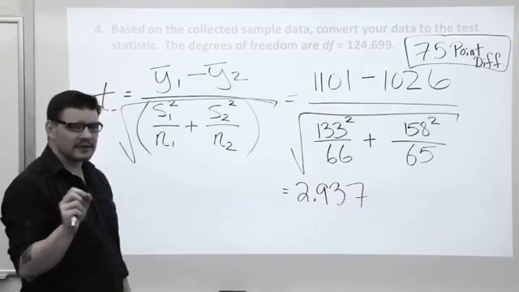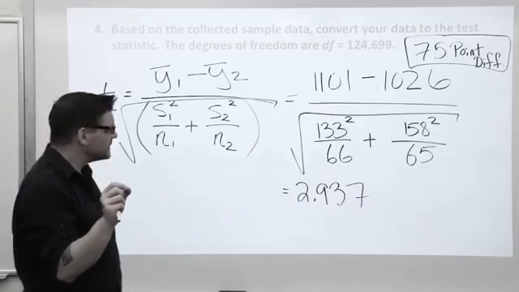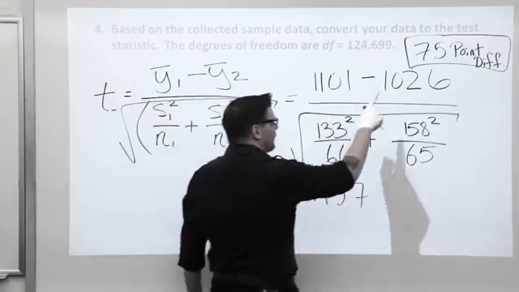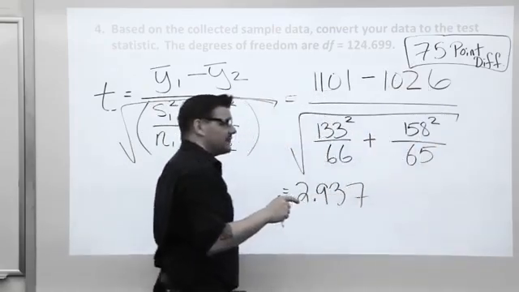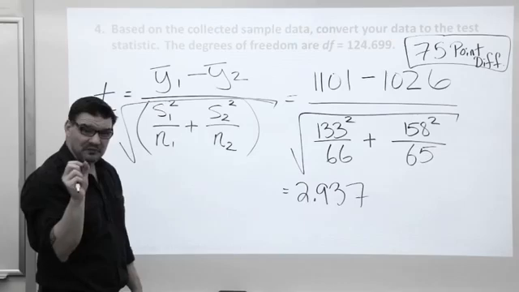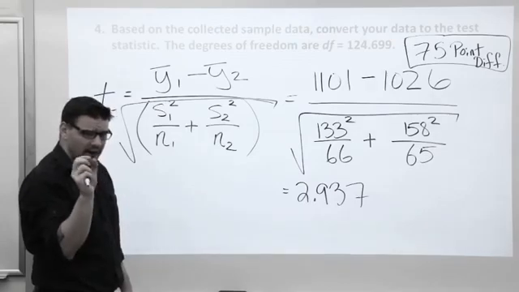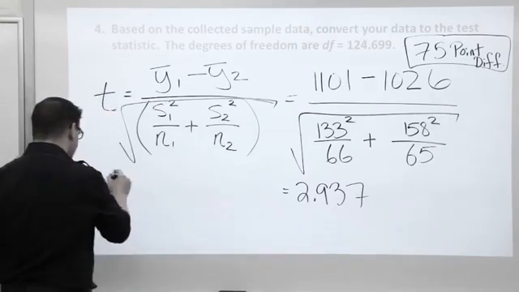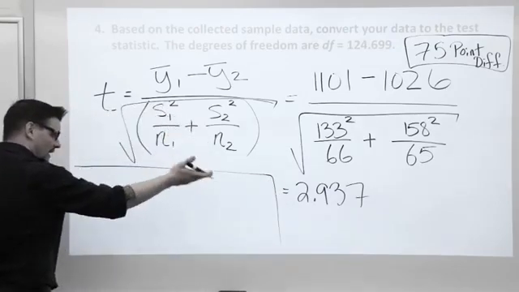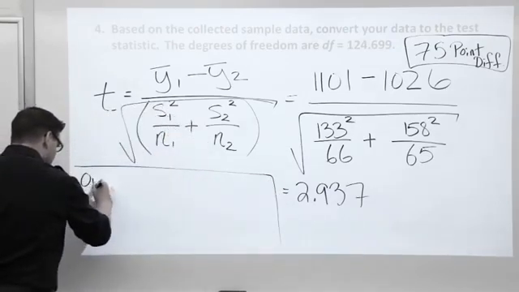What are we testing? We're testing for no difference. So here's what that test statistic means. Our 75-point difference is about 2.9 standard errors above 0. Right? We're presuming no difference. So I'll put a little summary here, because I don't want to lose sight of what this number means.